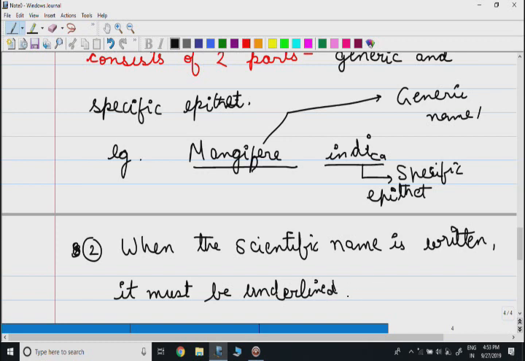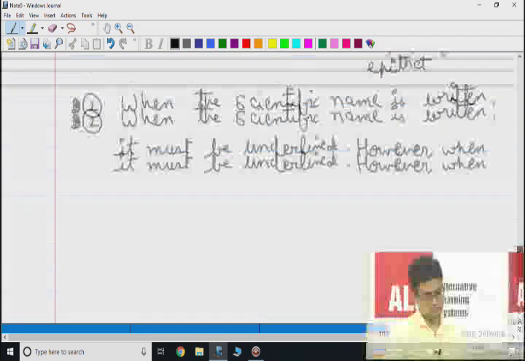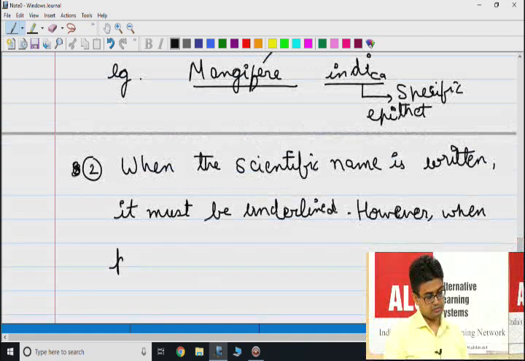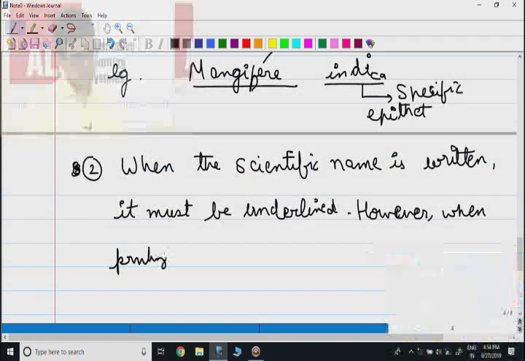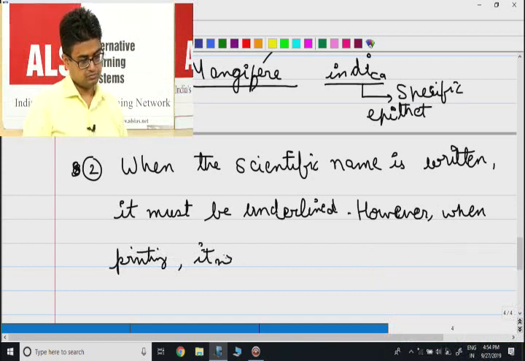However, when printing, it must be italicized.